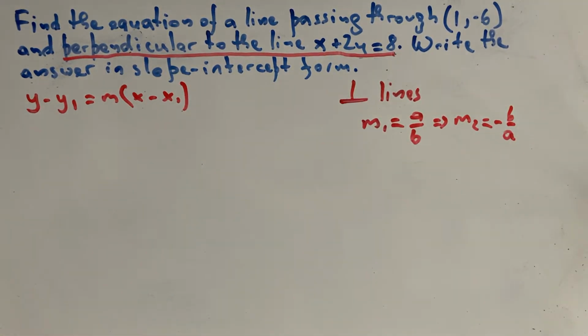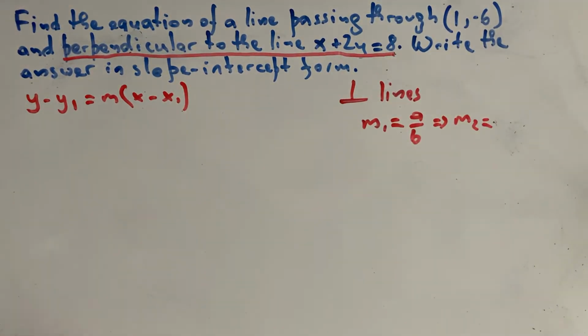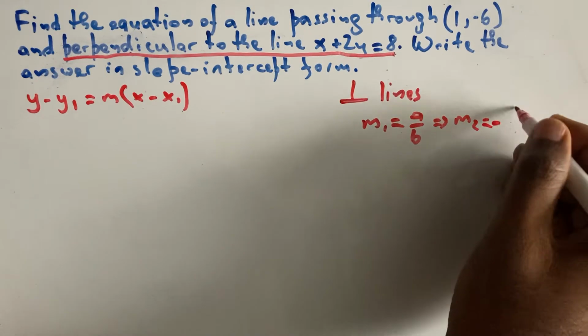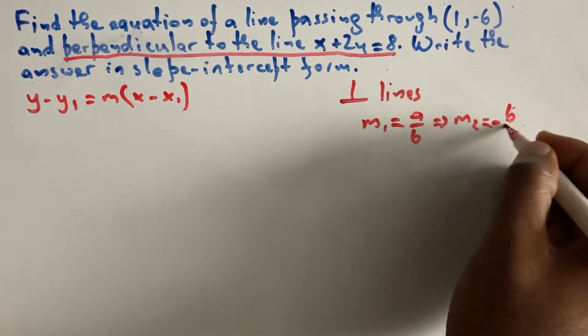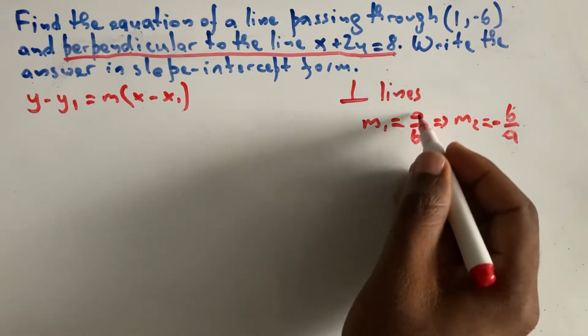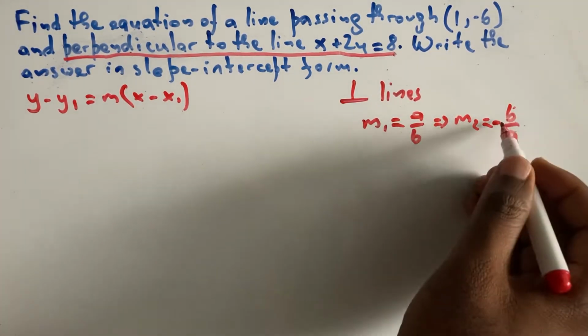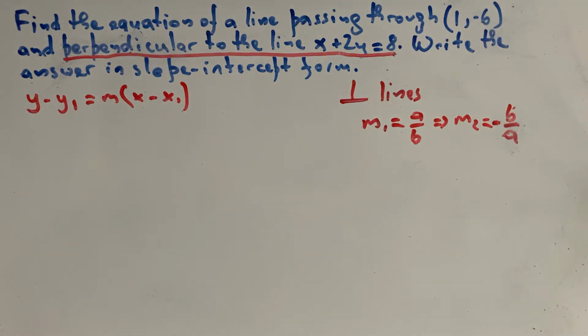So it's the negative reciprocal of what you had. You see, I flip it, so it's a over b here, b over a there, and I changed the sign. This was positive, this is negative.